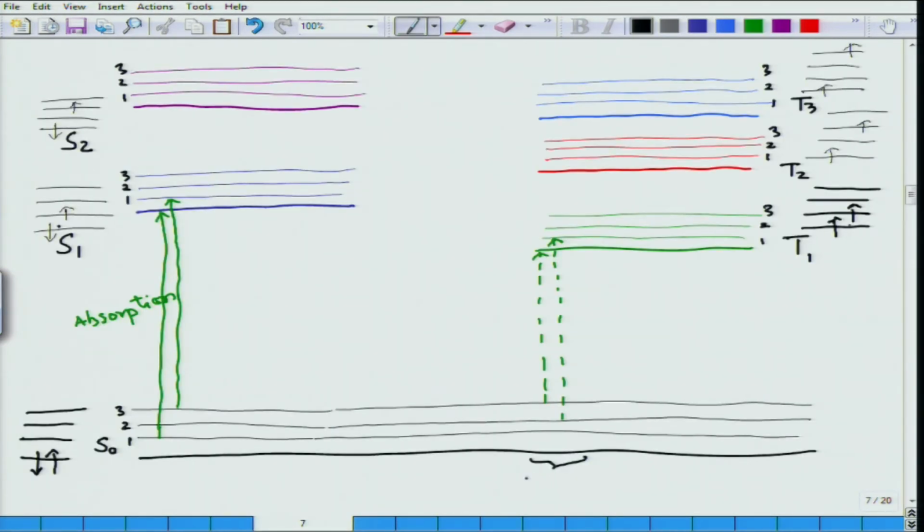The materials for which the selection rules are relaxed for optical absorption, these are known as phosphorescent materials.